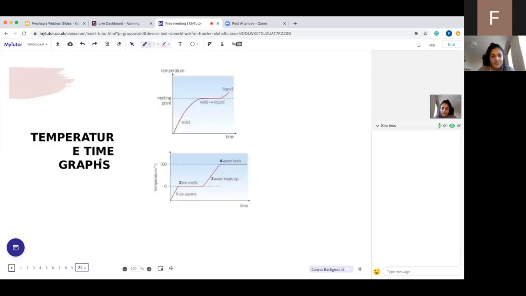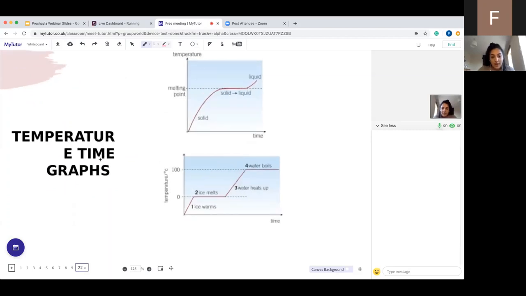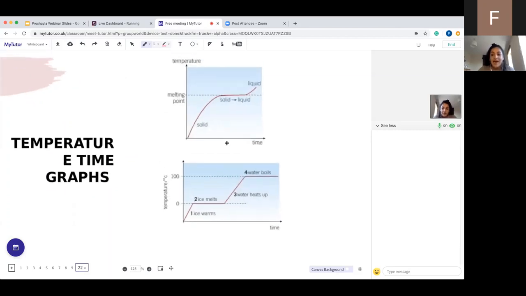So we introduce these things called temperature time graphs, which allow us to see how the temperature changes over time for a specific material. Let's say that this is a block of ice going through its journey. It starts off at 0 degrees at time 0, and it starts to melt.